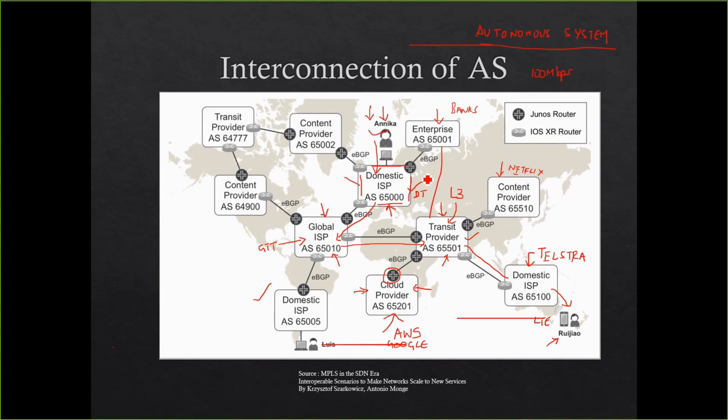And another thing that I have shown in this picture is that I'll put some routers here. Each network will put a router at the edge of their network where they are bordering another network. These routers are called edge routers, and they'll be running the protocol called BGP. BGP stands for Border Gateway Protocol.